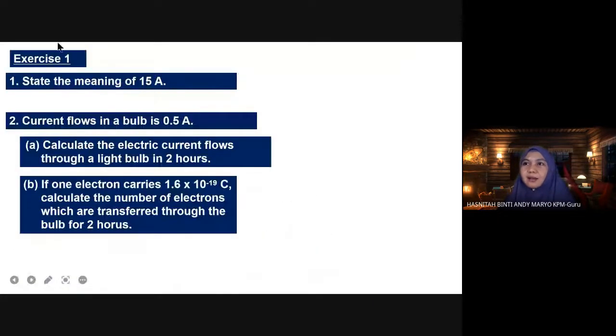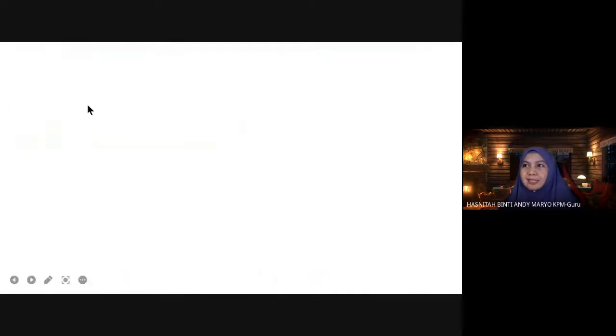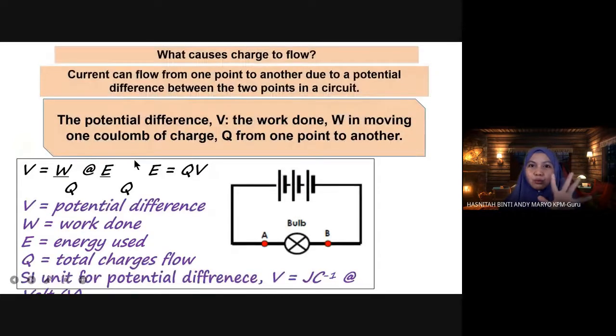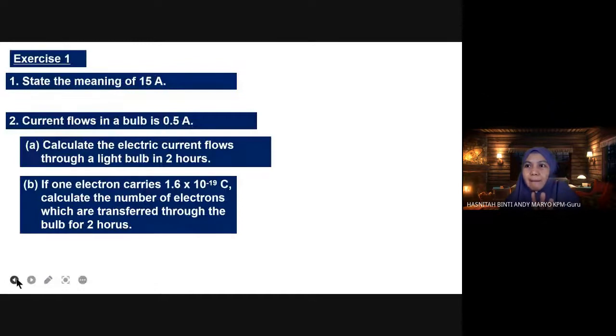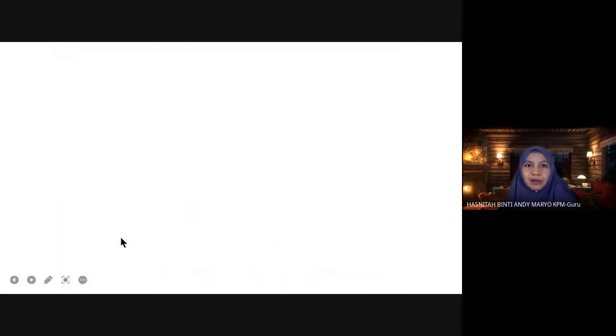Okay, so we go back to this exercise. By this slide, we are finished with the 5th learning standard. The 4th one is what is meant by current, and the 5th one is what is meant by potential difference. So what is meant by current? I repeat, rate of flow of charge, and the unit is ampere. And what is meant by potential difference?